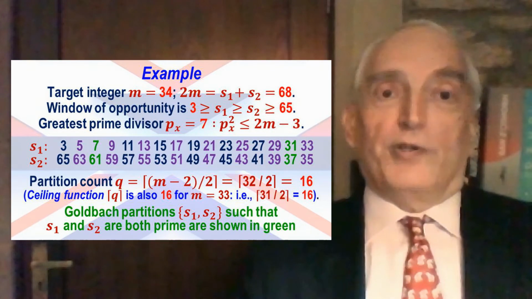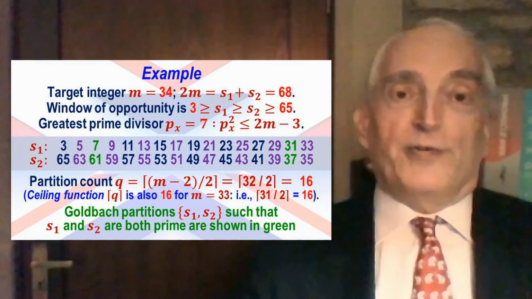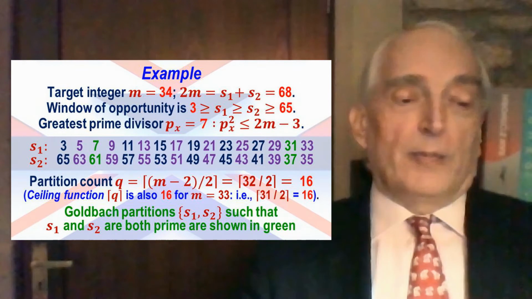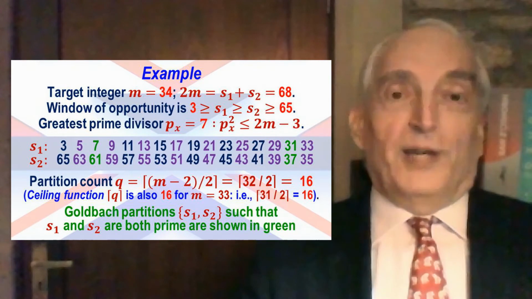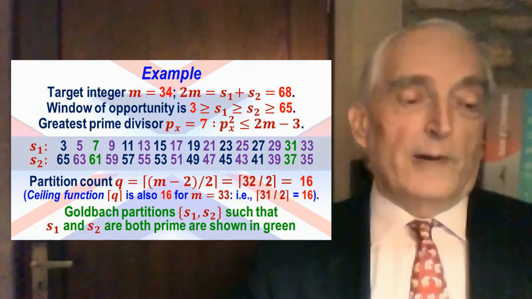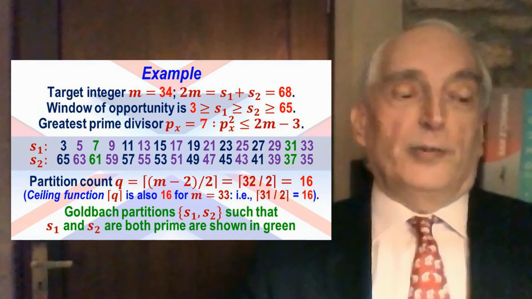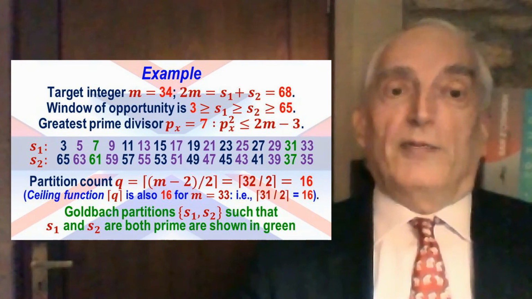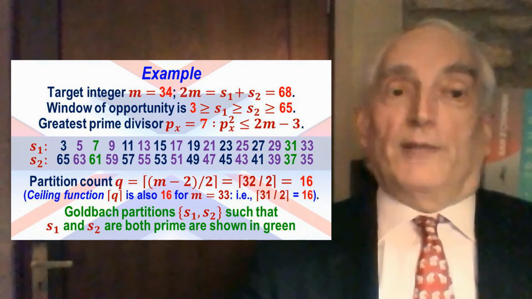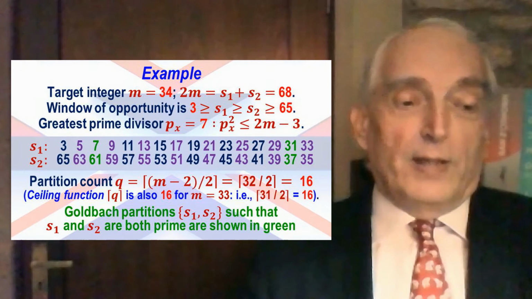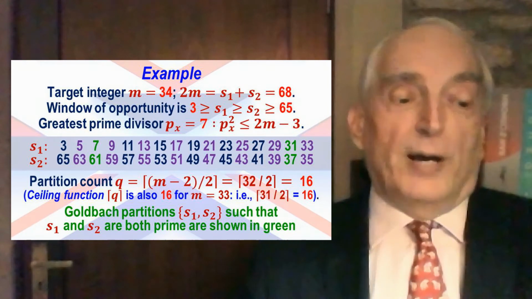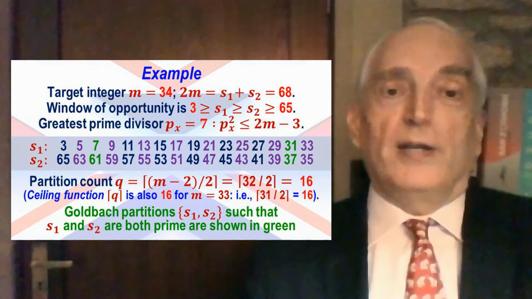And that would also be a valid distribution of the integers, in this case between 3 and 63. And this is where the ceiling function comes in, because it's also 16 for m equals 33. In other words, the ceiling function on 31 over 2, which is the ceiling function on 15.5, rounds up 15.5 and makes it 16. Now the Goldbach partitions S1, S2, such that S1 and S2 are both prime, are shown here in green.